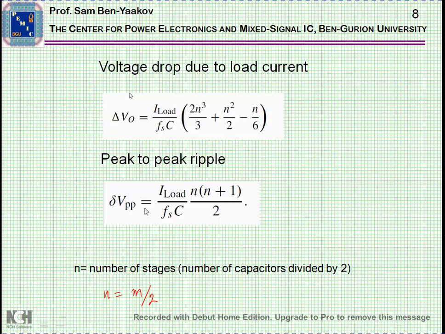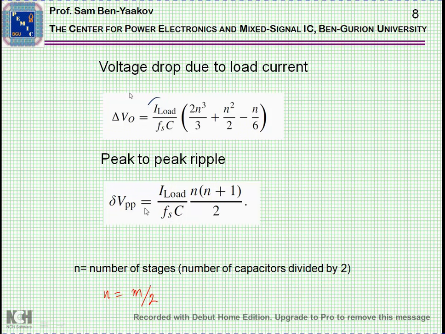The next question is, how do we choose the capacitors for a given application? Now, these two equations are for the case that there is no output capacitor, and we are talking about the steady state, or maybe with a capacitor, but the steady state situation.